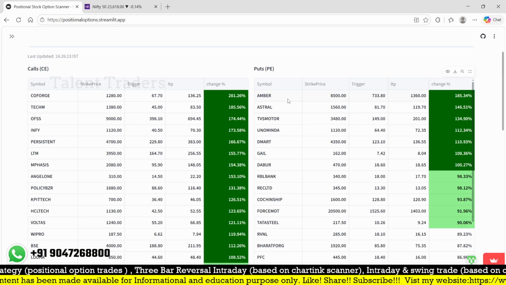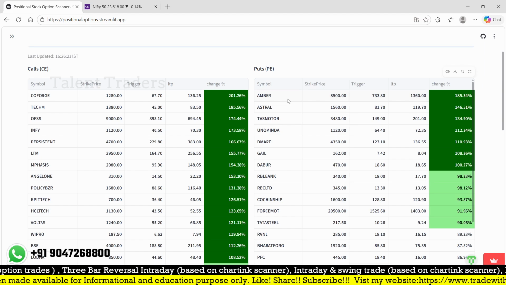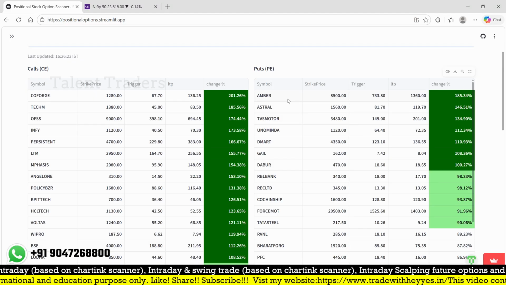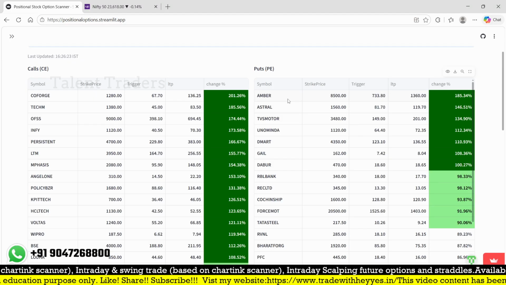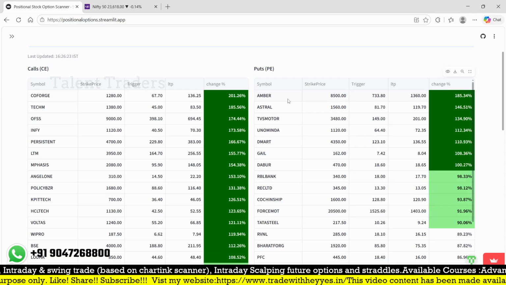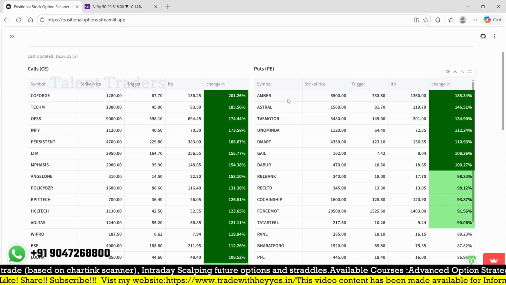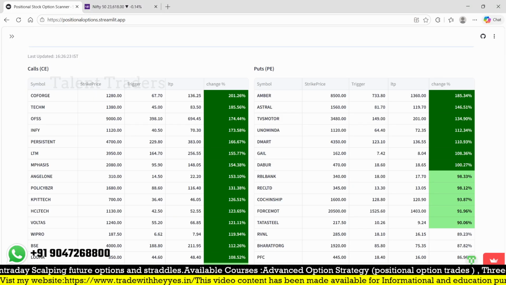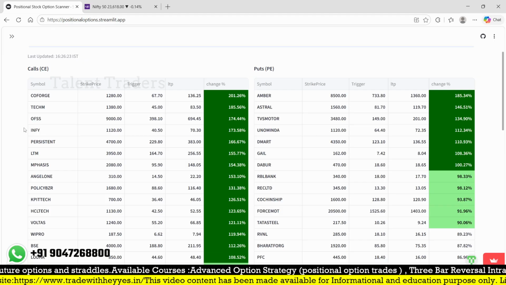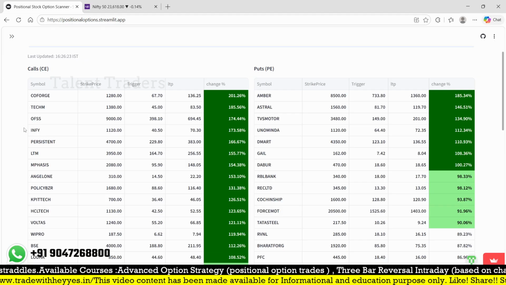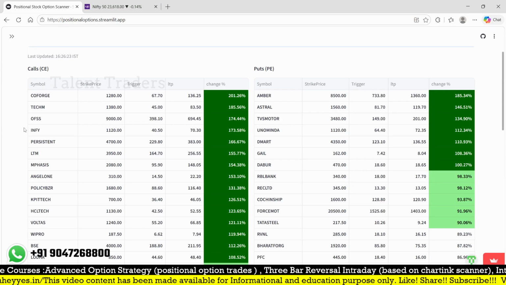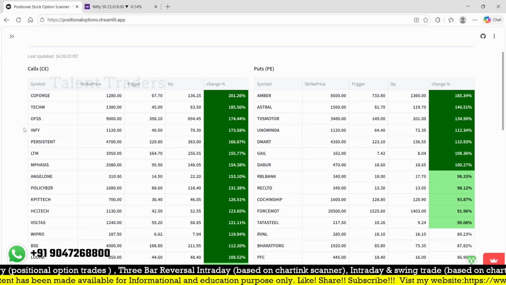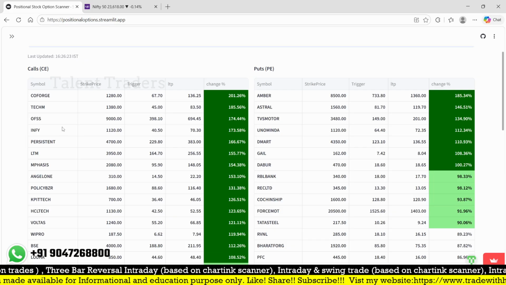How many of them are valid entries? How are we picking out whether the trades are valid, or sometimes ignored or not possible to trade? From this list, I will check one by one. Sometimes gap up or gap down plays a major role. We can't get our entry price or the trigger price, or even execute our strategies. Okay, let me check.